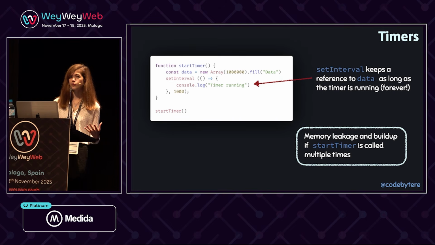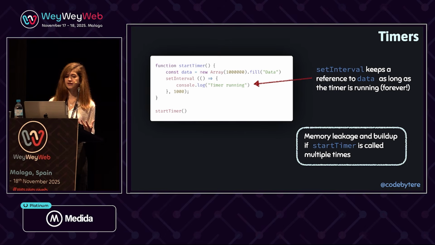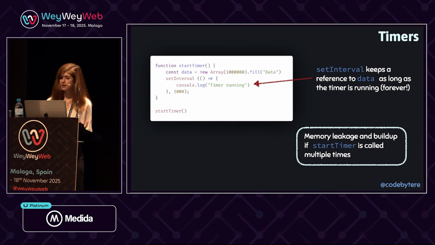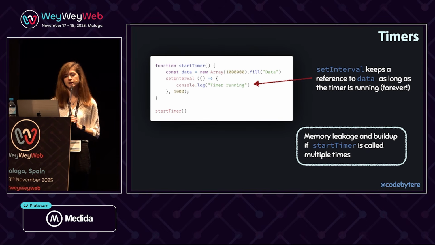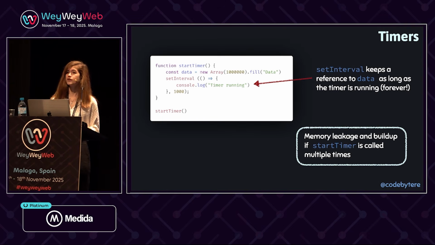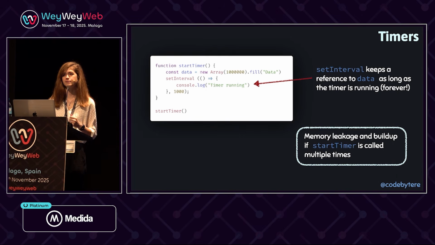Since setInterval will never automatically stop, the timer will keep executing indefinitely, preventing data from being garbage collected. Over time, as before, if startTimer is called multiple times, then each call will set up a new interval, each with its own closure over a separate data array, causing significant memory buildup.